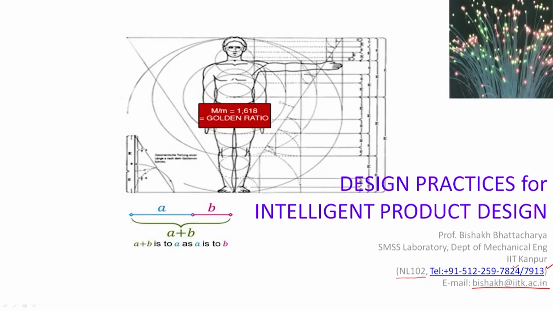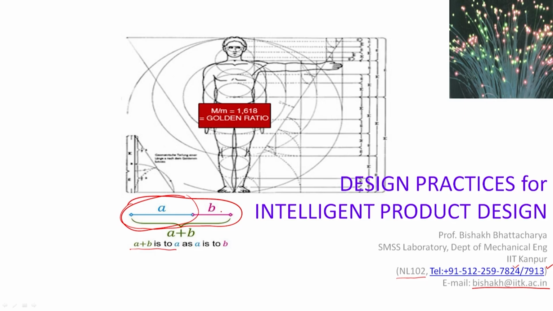Leonardo da Vinci, as a great designer, had utilized it in many of his designs, and that is nothing but the golden ratio. The golden ratio is the ratio of the full length of a line to the larger size of the line. So, that is A plus B is to A, which is equal to A is to B.